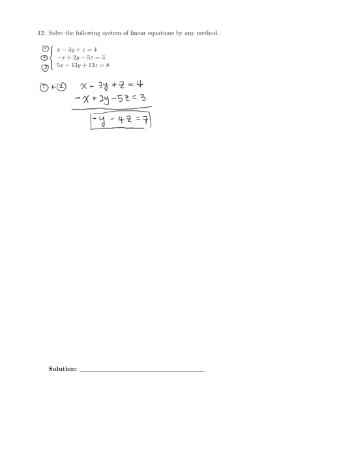Alright, so now what else can we do? How about multiplying by negative 5 to the first equation and then adding to the third equation.